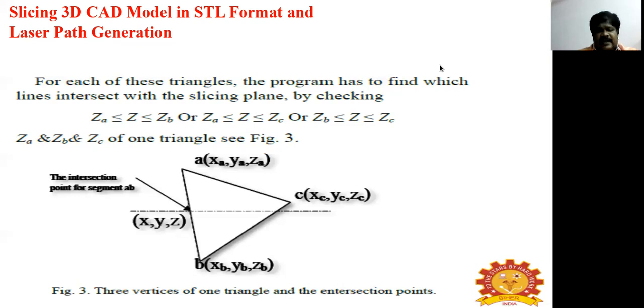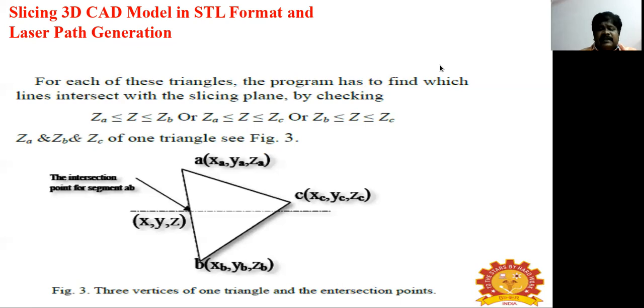In the STL file, the triangular facets are described by XYZ coordinates for each of the three vertices. And the unit normal with XYZ also indicates the side of the facet that is inside the object. That also plays an important role.